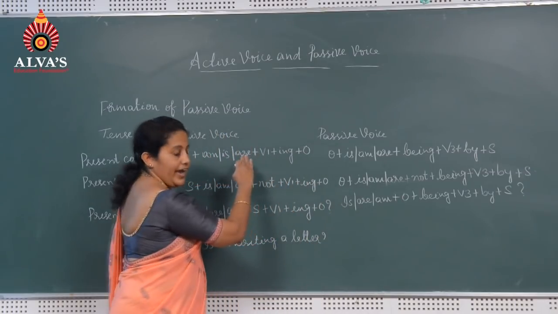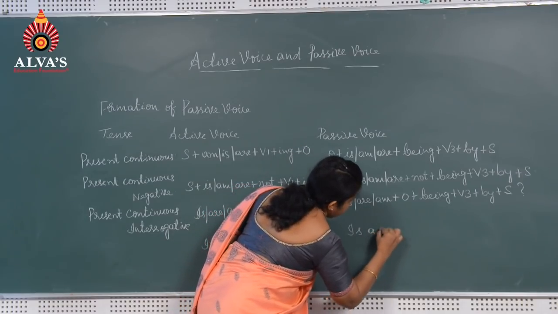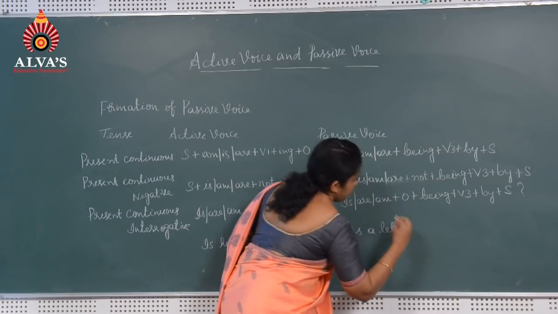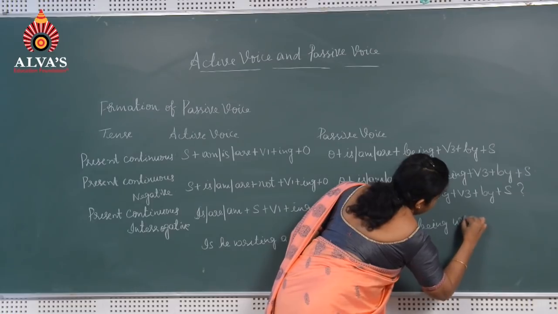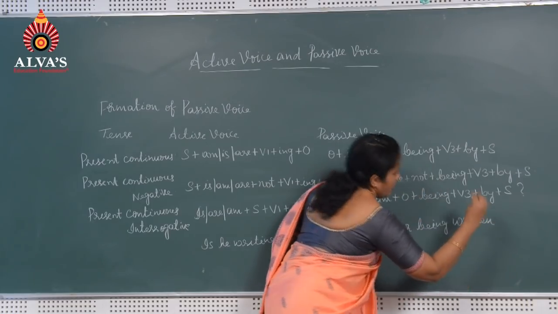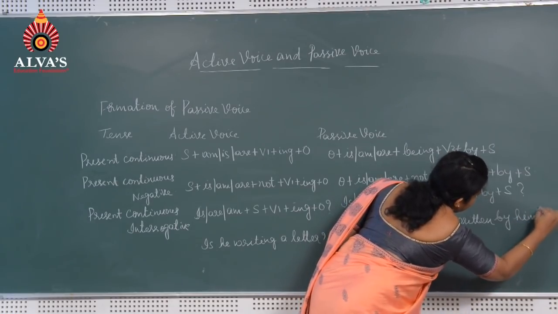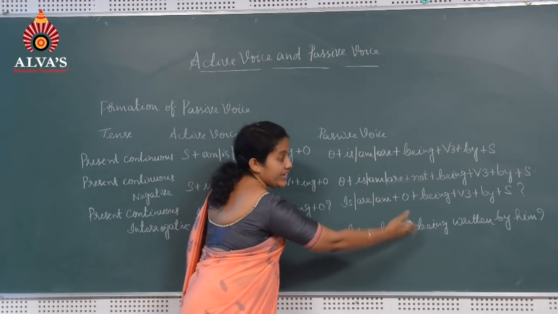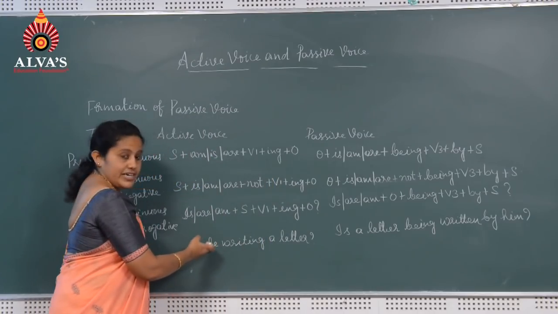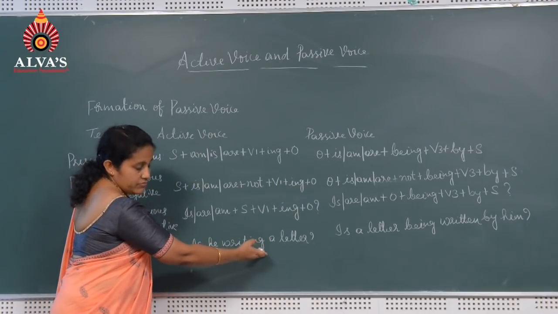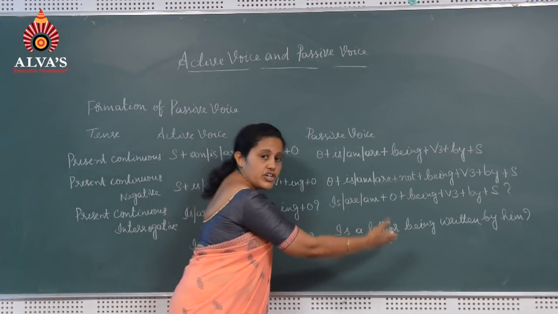When we change from active to passive, it is a letter being written by him. Is a letter being written by him? So, this is passive voice. Here active voice, is he writing a letter? When we change into passive voice, is a letter being written by him?